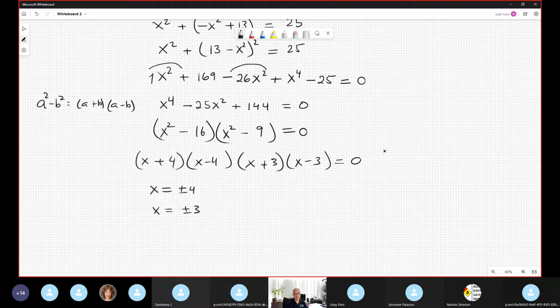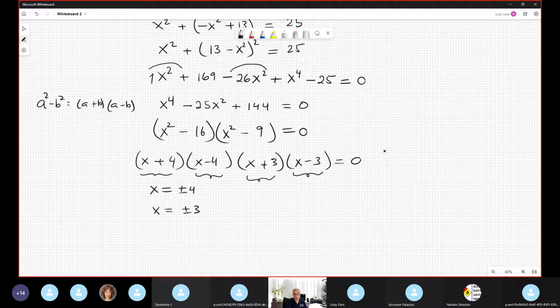Okay, you take factor by factor, you enforce it to be 0, and you get positive 4 in this case, negative 4 in this case, negative 3 in this case, positive 3 in this case. The first one is negative 4, positive 4, negative 3, positive 3. So this gives me a clue.